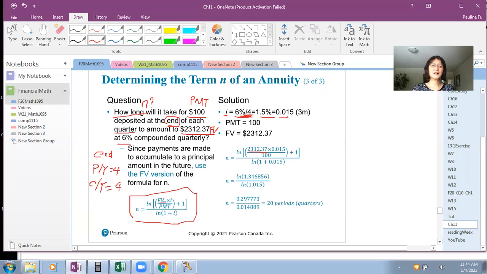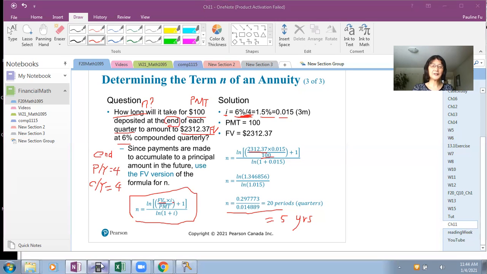So we know the I is 1.5%. PMT is 100. Plug in all the numbers into this formula, and you get N equal to 20 quarters. The unit is quarters. If you want to convert 20 quarters to years, we know 1 year has 4 quarters. So it would be 5 years. This is the formula method.